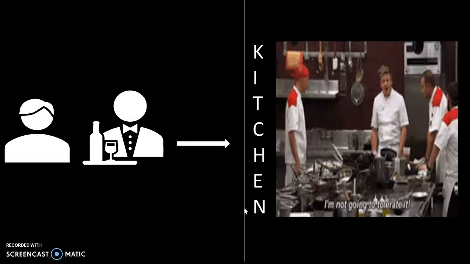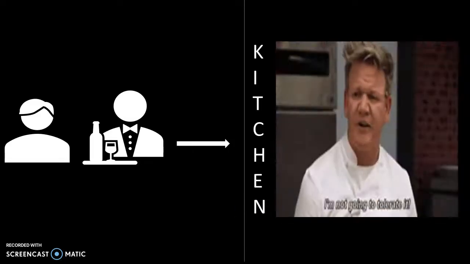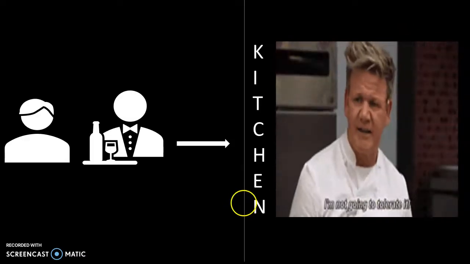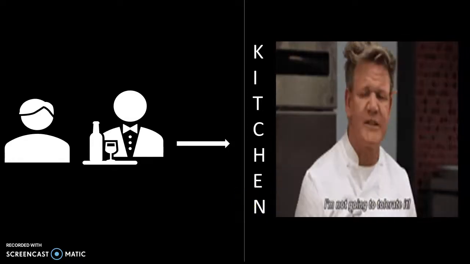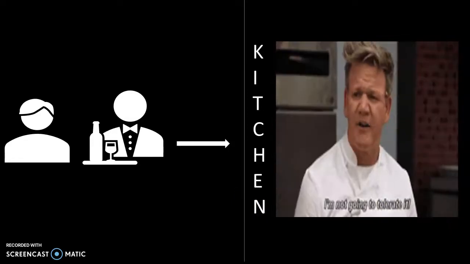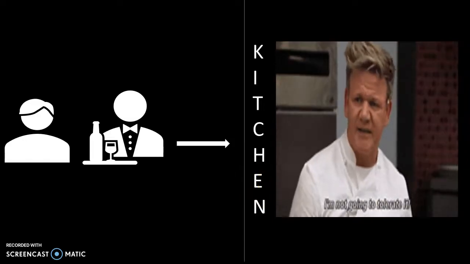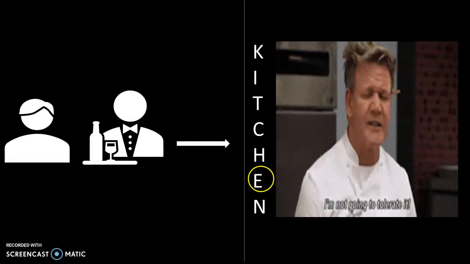The waiter is like an interface between us and all the services the restaurant offers, giving us a way to interact with the restaurant while being shielded from the complexities behind the scenes, the things that are happening in the kitchen while we are waiting for our order.